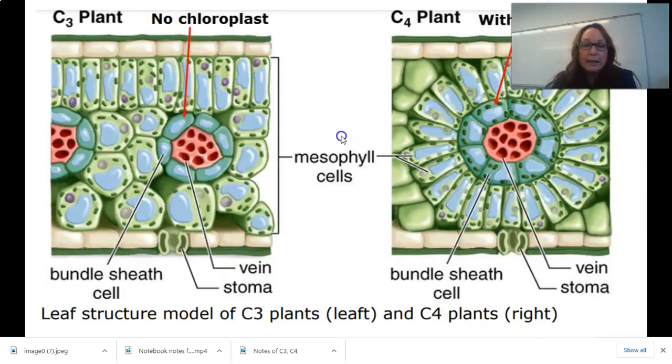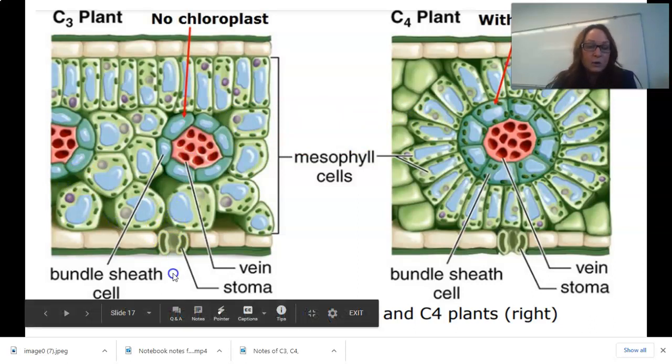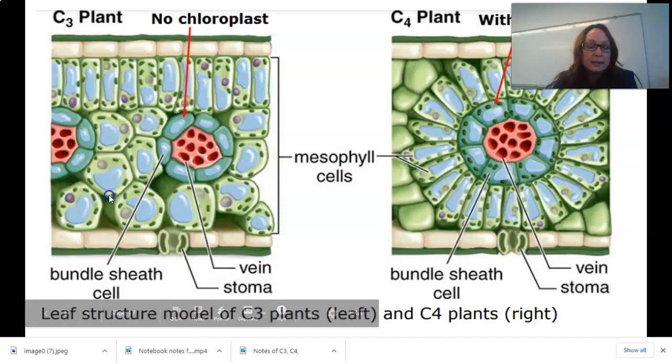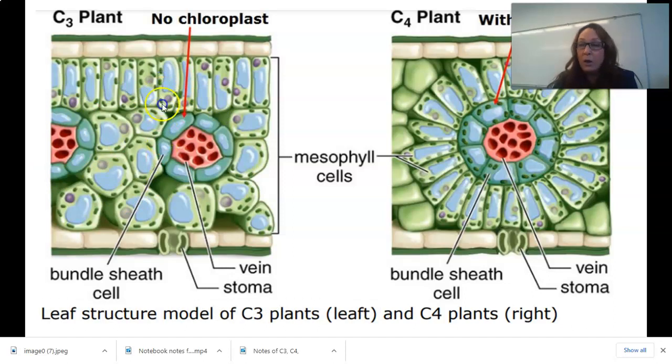So if we look here, this is a really good way to see the difference. See all these air pockets in the C3 plant? You have carbon dioxide, you have oxygen come in, and it's going to be freely distributed within all of the tissue of this mesophyll.